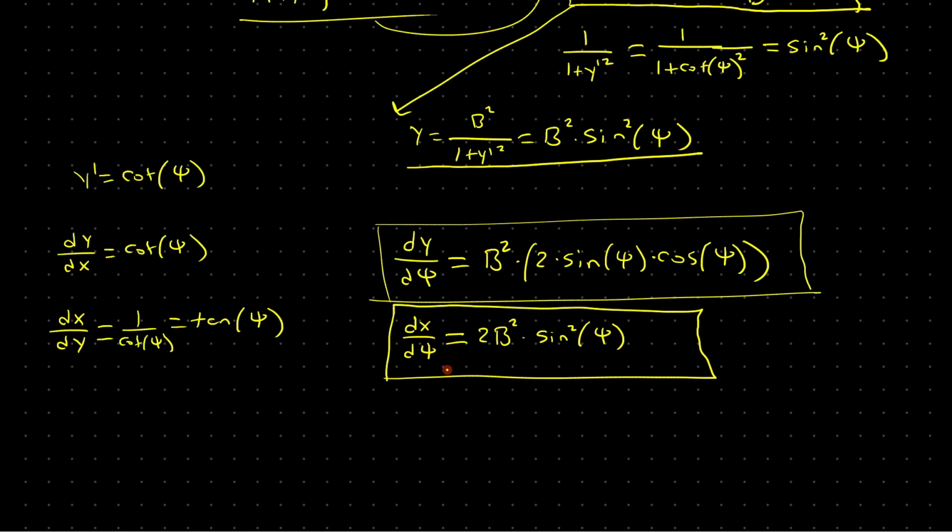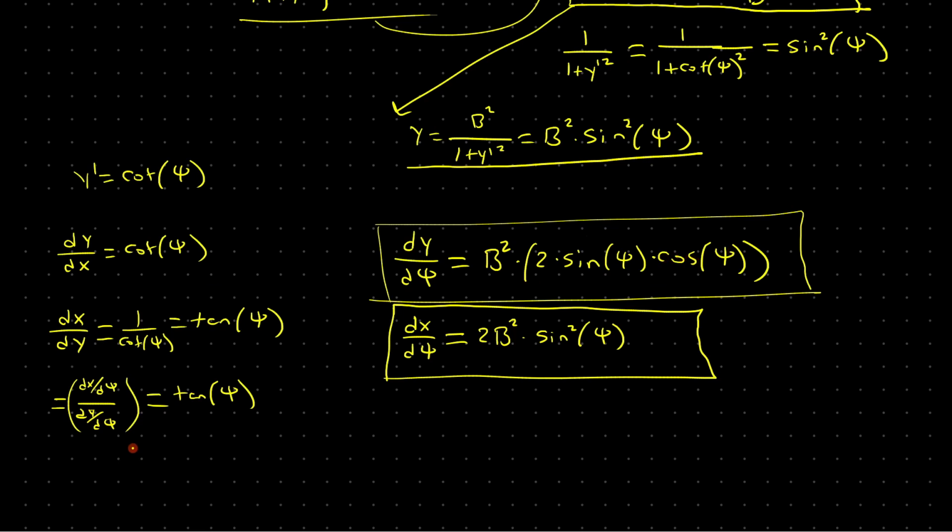And if you're wondering where this is coming from, you can note that for parametric curves, if x is a function of psi and y is a function of psi, dx dy is going to be the same thing as dx d psi over dy d psi. We know that this has to equal tangent of psi, and we know what dy d psi is. It's exactly this function right here.